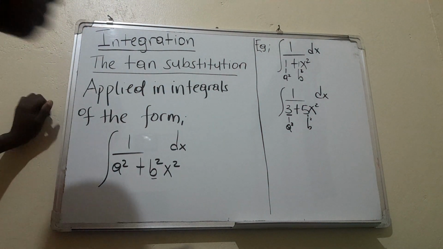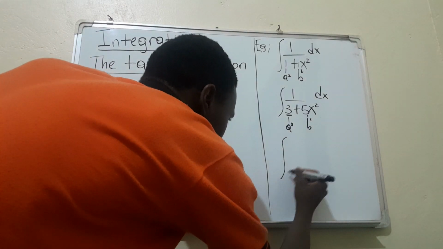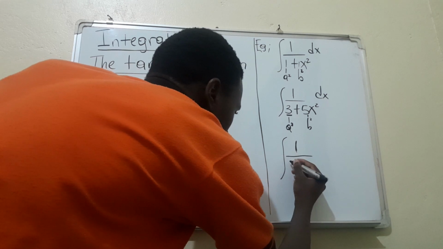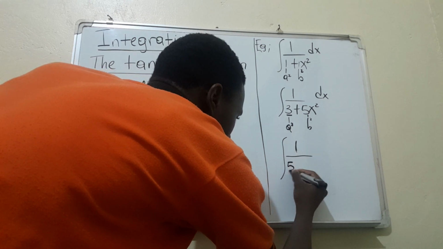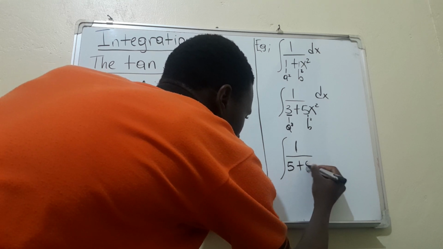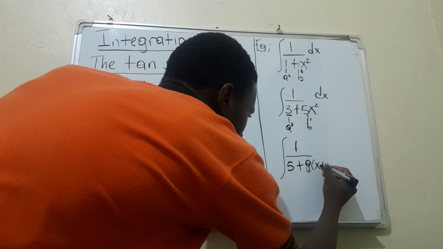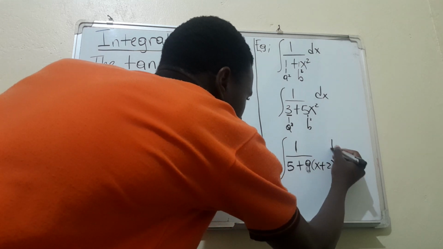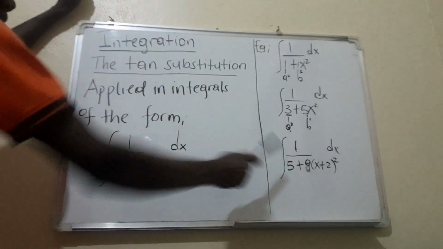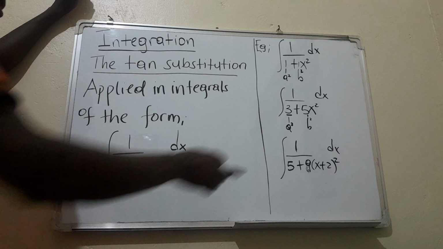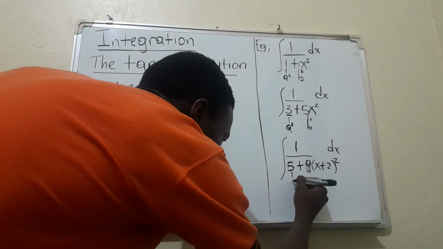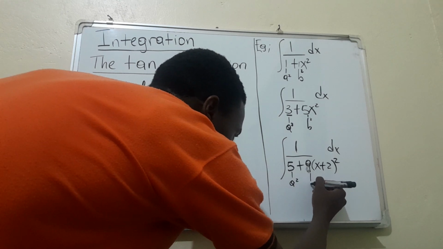Another example, we have an integral of this form, 1 over 5 plus 9 times x plus 2 squared. For this integral, you also need tan substitution. A squared is 5, b squared is 9.